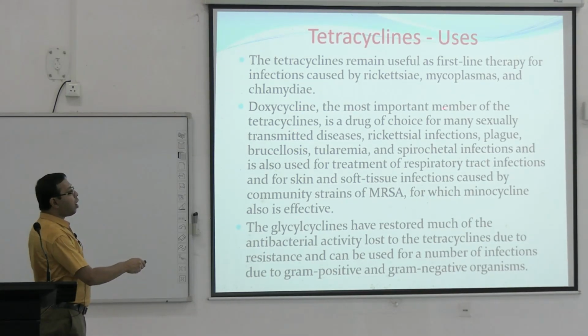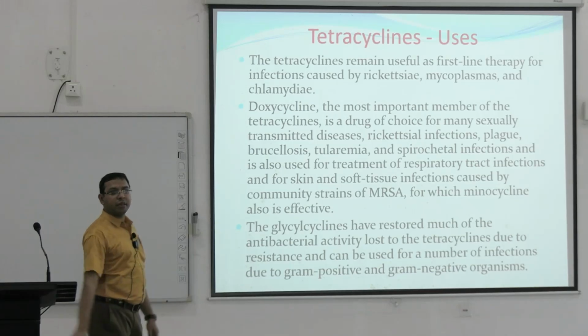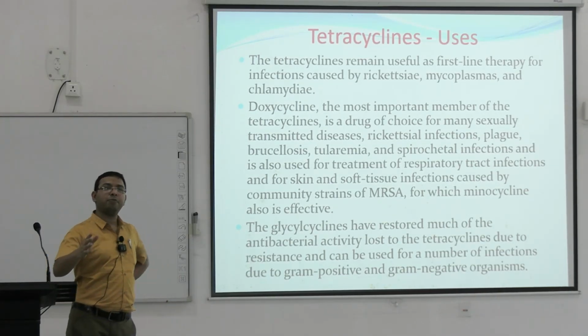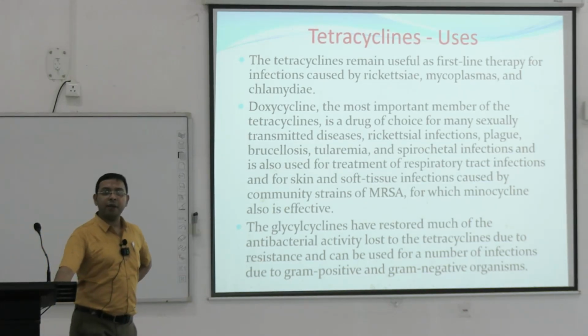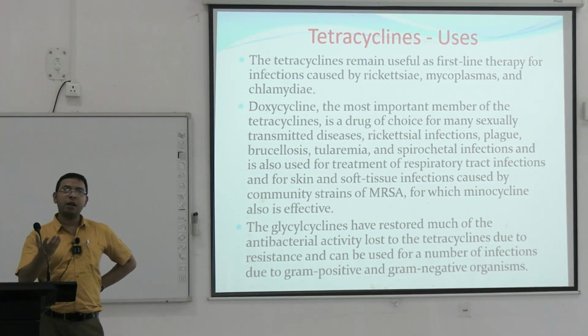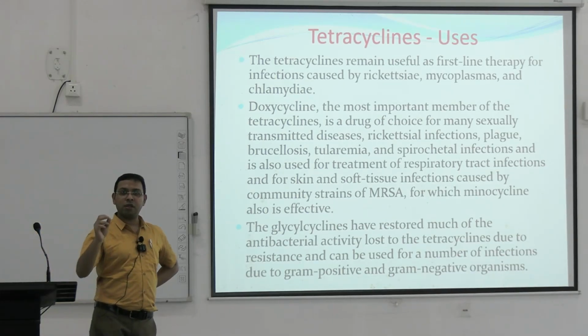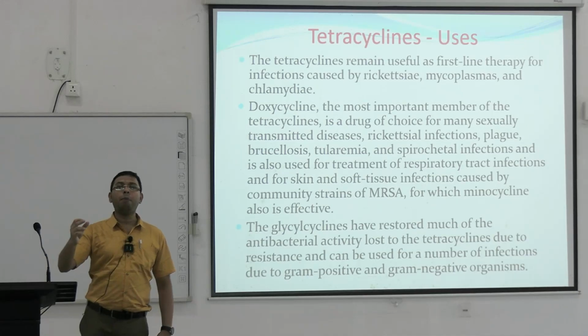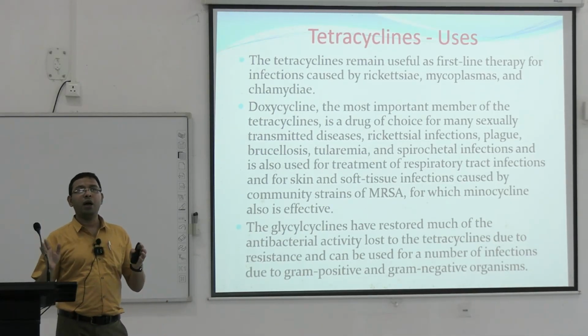Doxycycline is very commonly used. For example, perhaps you can remember in COVID times, some of you have taken doxycycline also, I don't know. Doxycycline is a newer tetracycline that has shown promise against a variety of organisms.